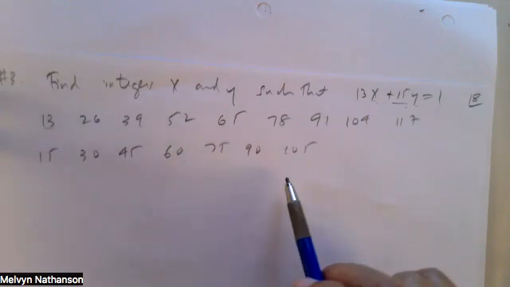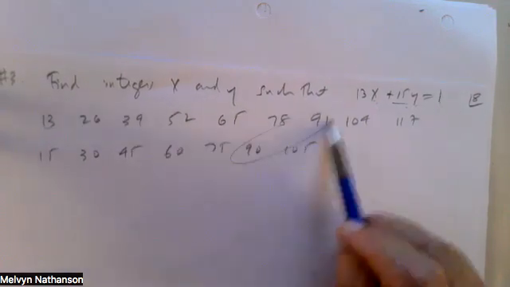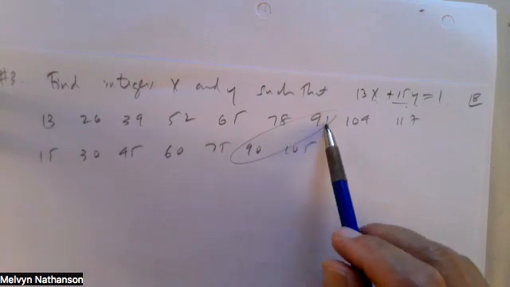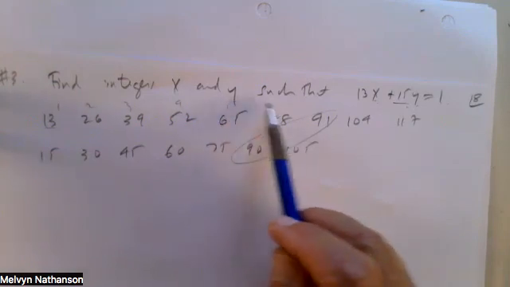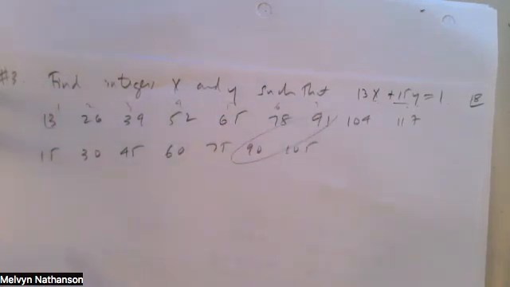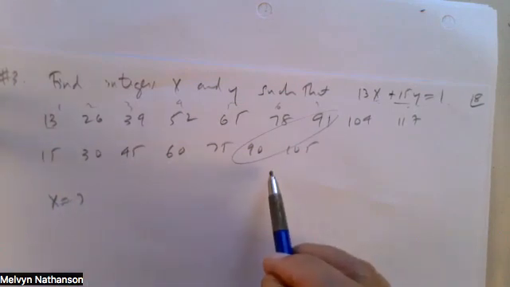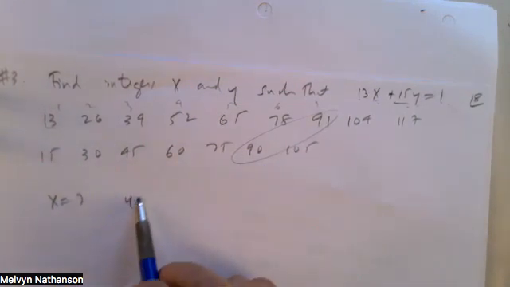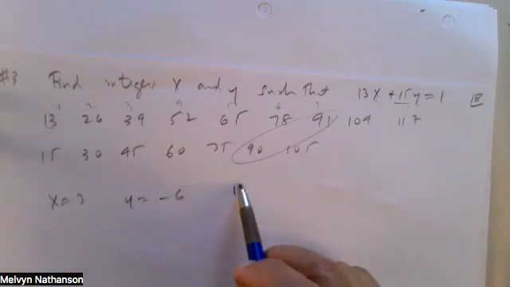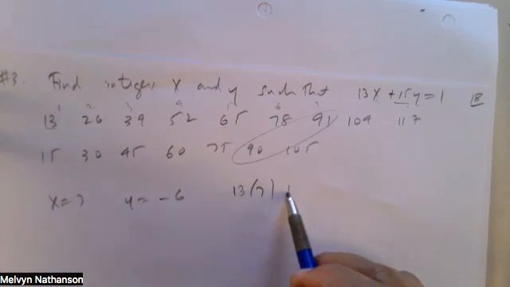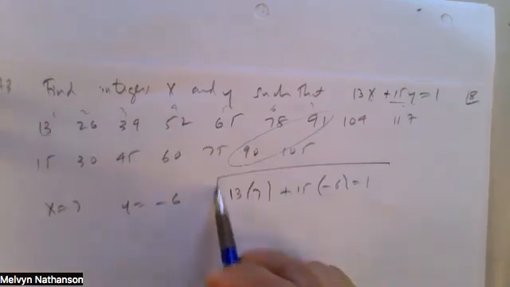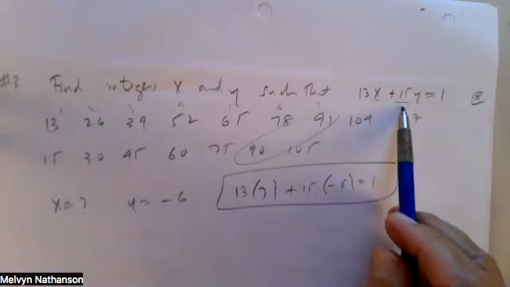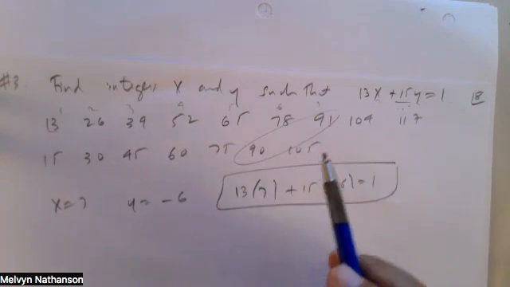So 90 and 91, they just differ by 1. So this is 1, 2, 3, 4, 5, 6, 7. So it looks like I take x equal to 7 and y equal to -6. 13 times 7 plus 15 times -6 is equal to 1. So that's one solution of this equation.